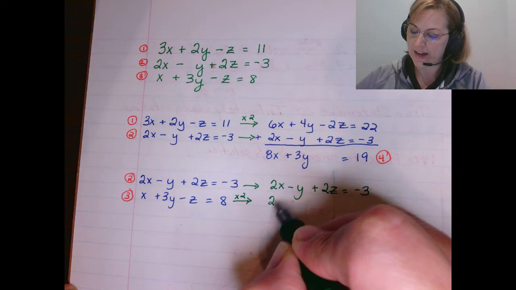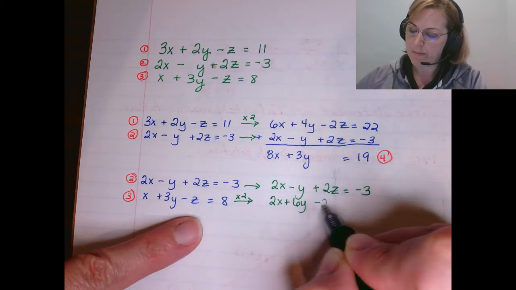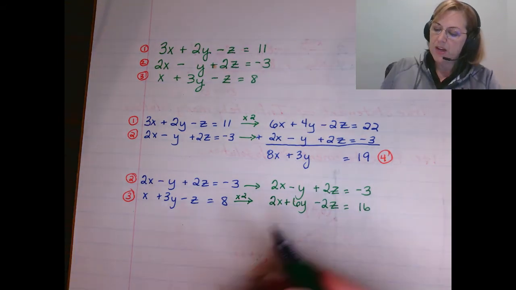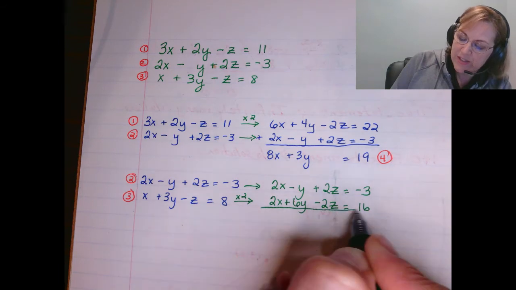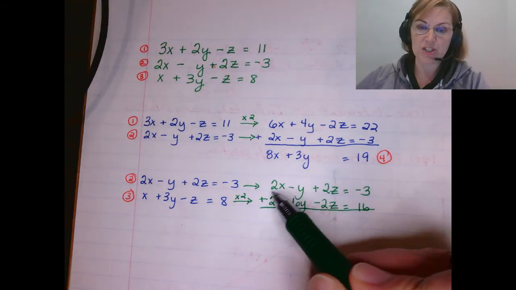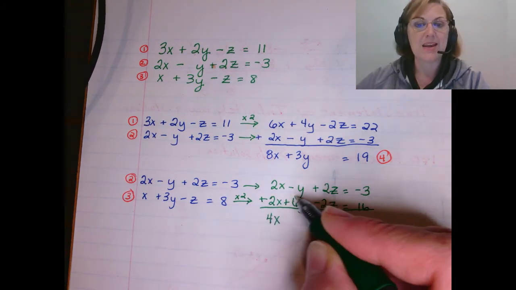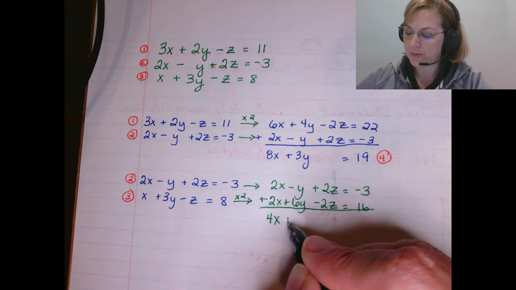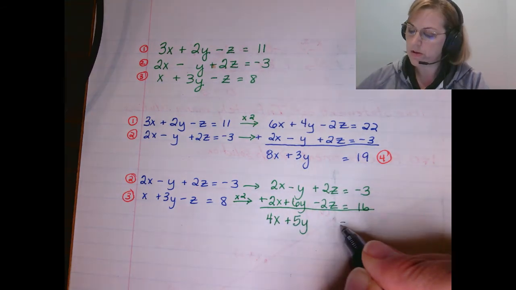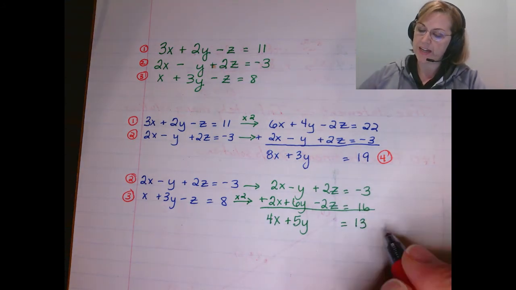So I've got 2x plus 6y minus 2z equals 16. And we're going to go ahead and add these equations together just like we did previously. So 2x plus 2x is 4x. Negative y plus 6y gives me 5y. Notice the z's cancel, and it equals 13. We're going to call this equation number 5.